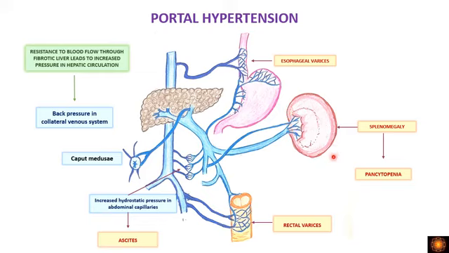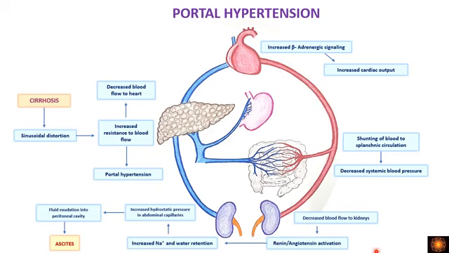So slowly we will have a splenomegaly, congestive splenomegaly, and this congestive splenomegaly leads to pancytopenia. And at the umbilicus, we have engorgement of the veins, which we call caput medusae. Now, because of the portal hypertension, we have esophageal varices, splenomegaly leading to pancytopenia, then the rectal varices, and there can be ascites also.